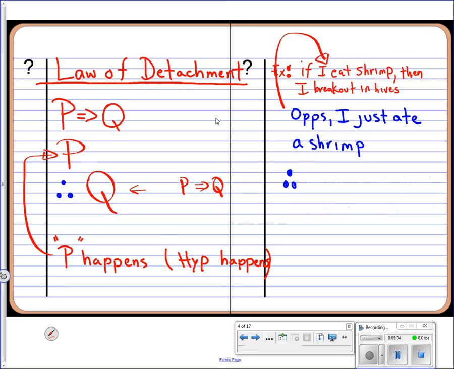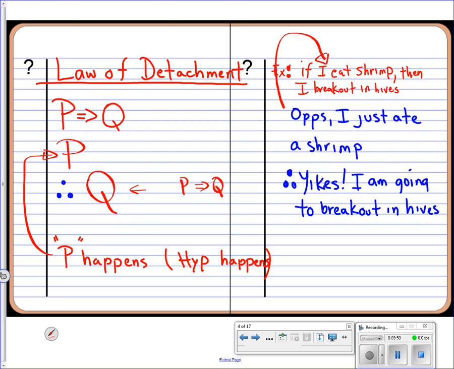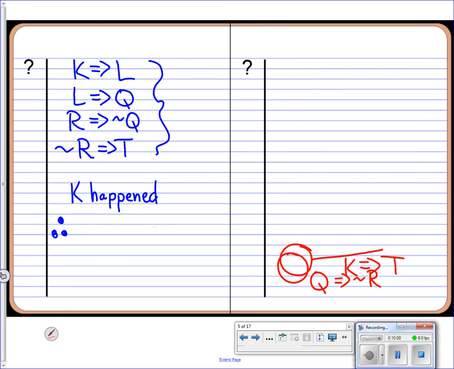So then what is the natural conclusion? Yikes, I'm going to break out in hives. The second thing's going to happen. Again, notice that the result is not a conditional statement. The law of detachment happens when something else happens, right? So we get to use the law of detachment to come to a conclusion that's not a conditional statement, but that something else has happened.